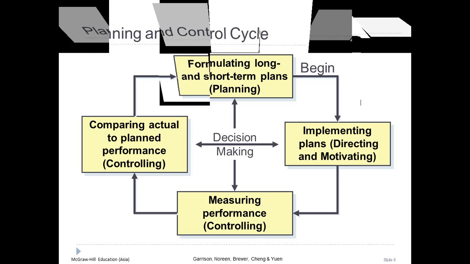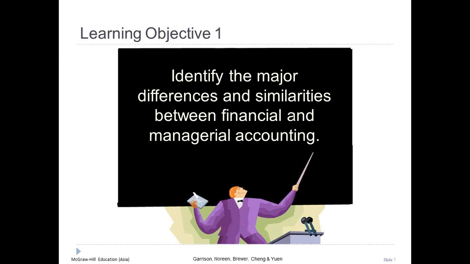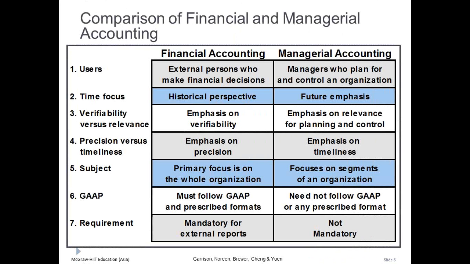So let's do learning objective number 1, which is to identify the major differences and similarities between financial and managerial accounting. There are 7 key differences between managerial accounting and financial accounting. The users are different.